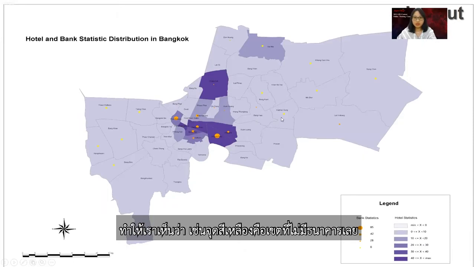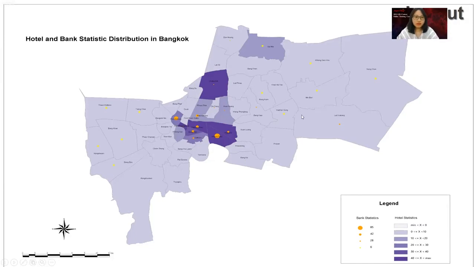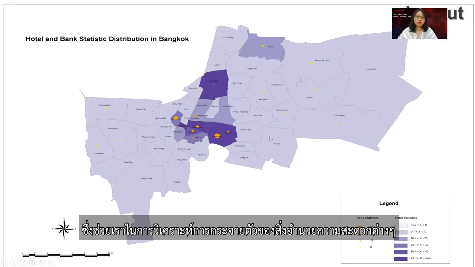So here we can easily know, for example, that these cities have no banks, and also these cities may have fewer hotels, or they don't have hotels. So it is also easy for us to analyze the distribution of the public service percentage.